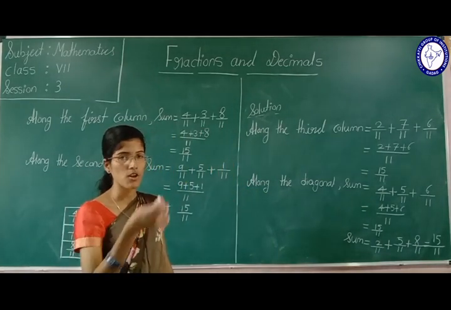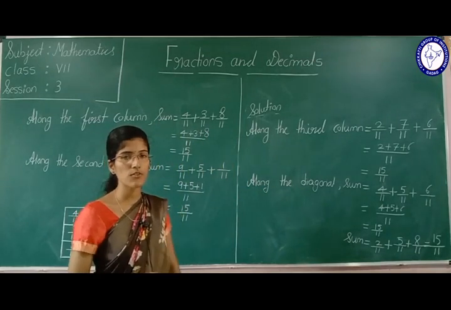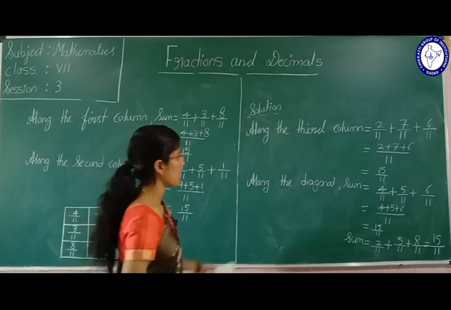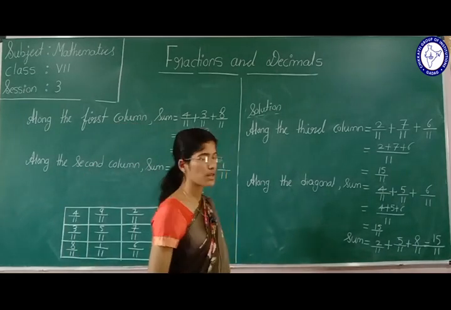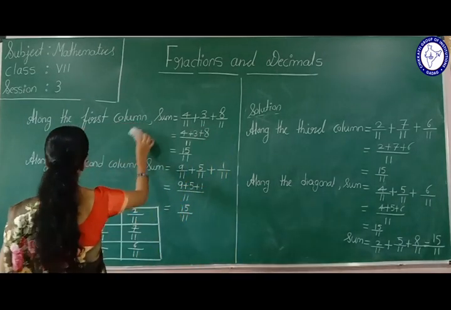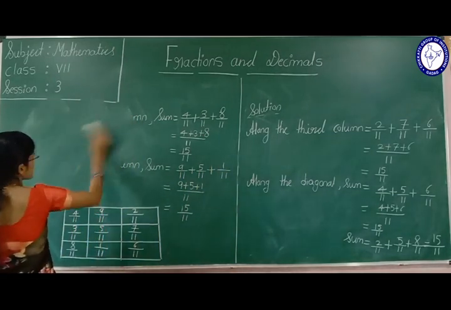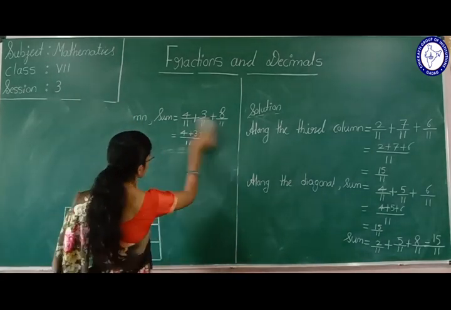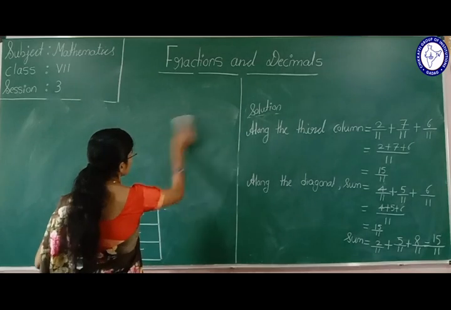Yes or no? Along the row also we got 15 by 11. Along the column also we got 15 by 11. Along the diagonal also we got 15 by 11. Therefore, what we can tell is this is a magic square? Yes, this is a magic square.